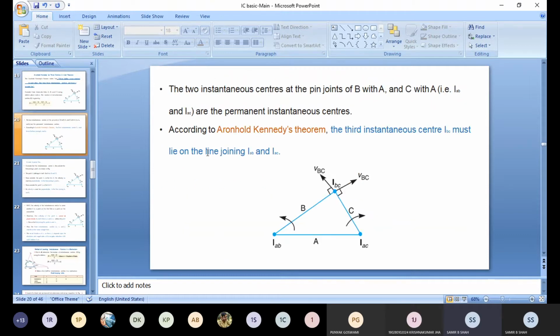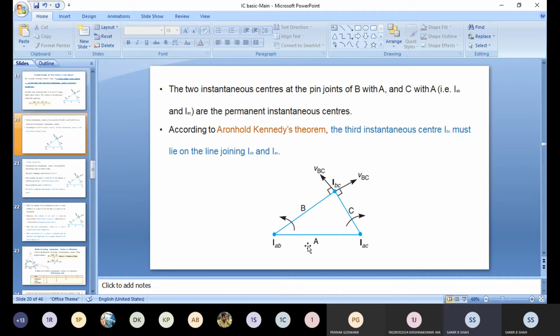Now two IC centers are at the pin joints: B with A, which we consider as IAB, and C with A, which is IAC.